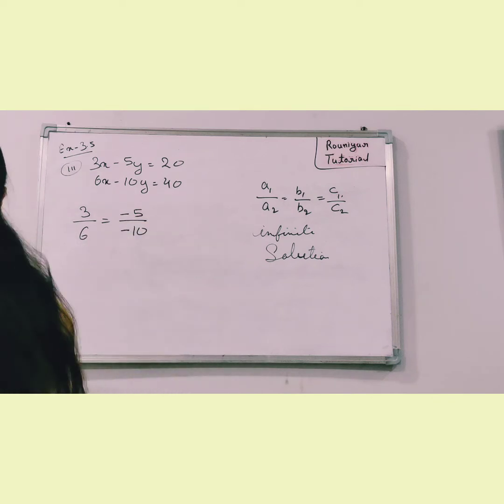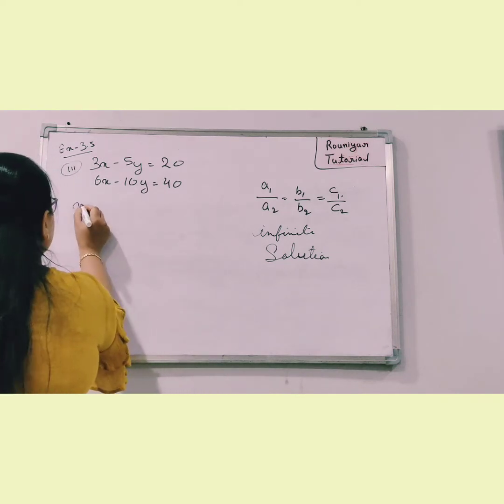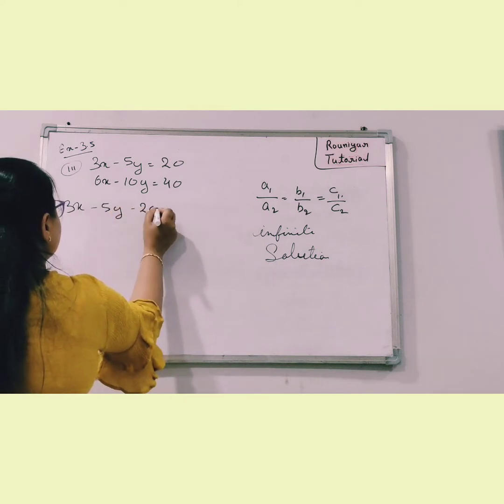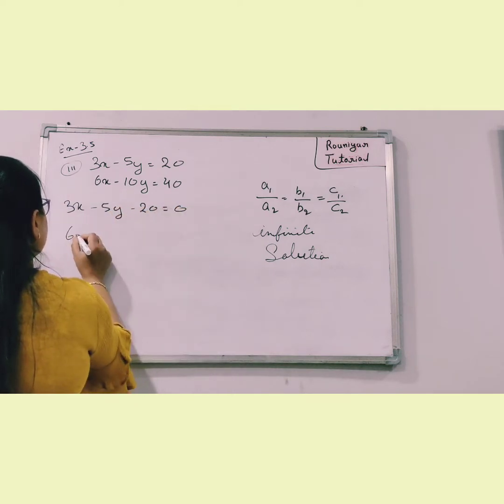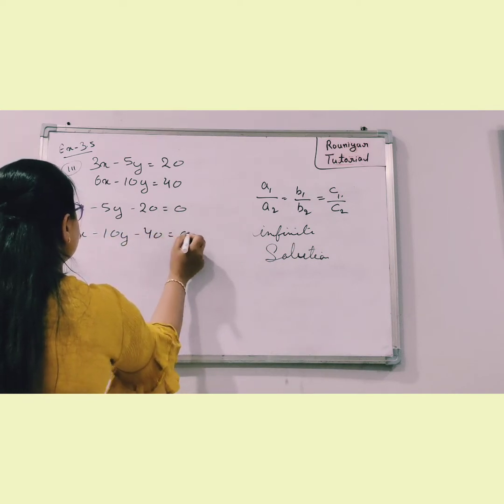सबसे पहले तो हम इसको स्टैंडर्ड फॉर्म में लाएंगे. ठीक है, 3x minus 5y minus 20 is equal to 0 and 6x minus 10y minus 40 is equal to 0.